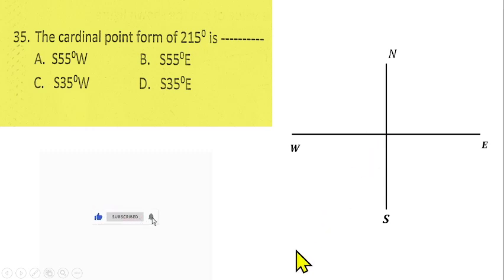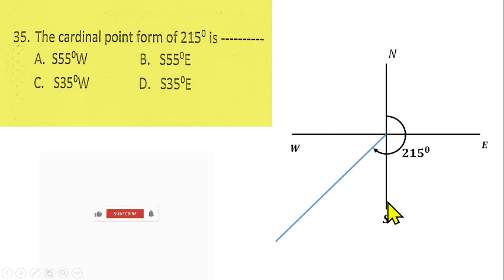215 should fall around here, because from here to here is 90, then 180 to 270. So 215 should fall here. Draw a straight line. Then you'll have the angle from the north to this line giving us 215 degrees. Then you have to change this bearing to the compass bearing.